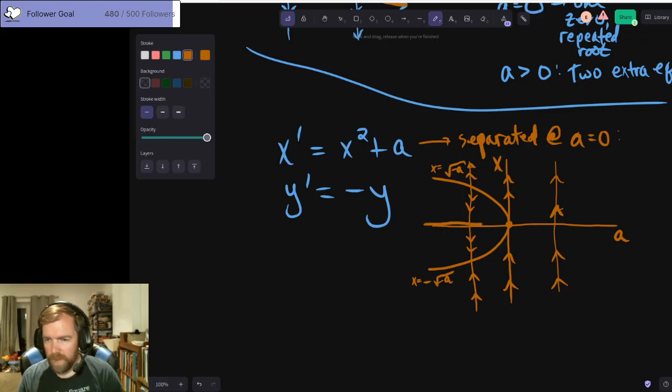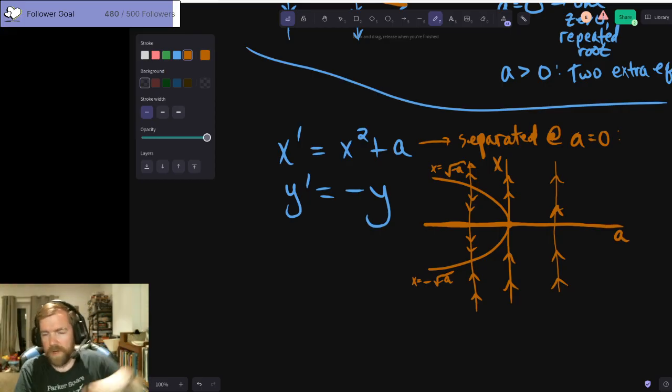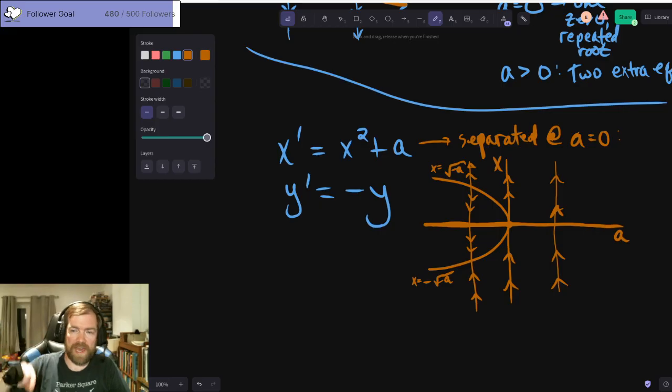Yep. And of course, again, at x equals 0, we've got this separation, which doesn't really separate anything in terms of positive versus negative behavior. In this case, it's positive in both directions on the outsides, and on the positive side, it's all positive. The only exception is at x equals 0 itself.